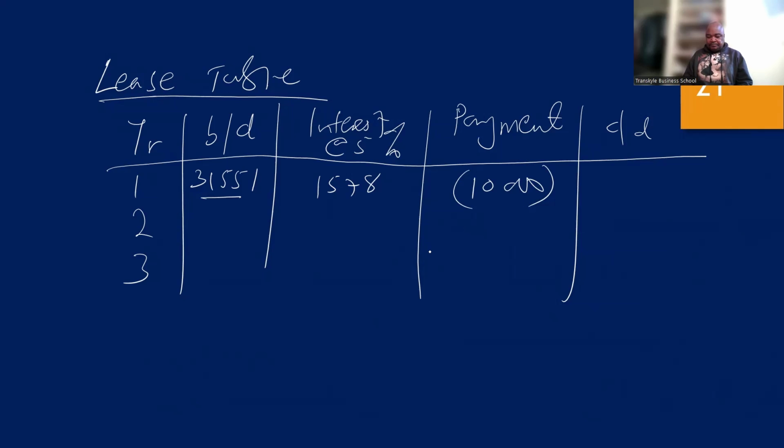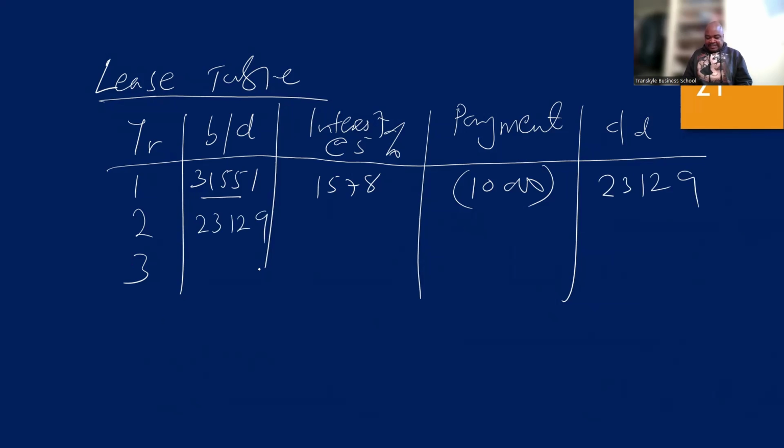So this means that 31,551 plus 1,578 minus 10,000, we come to 23,129. And we take the 23,129 as our opening balance.